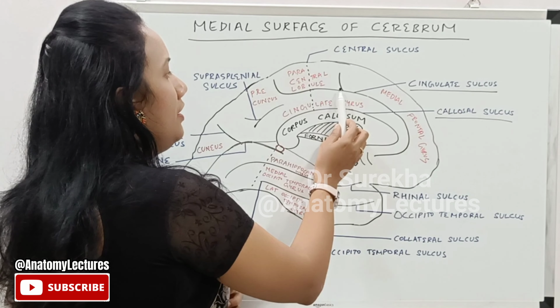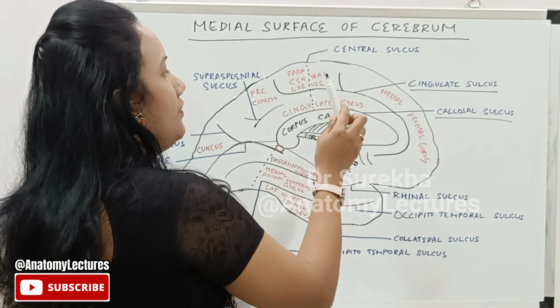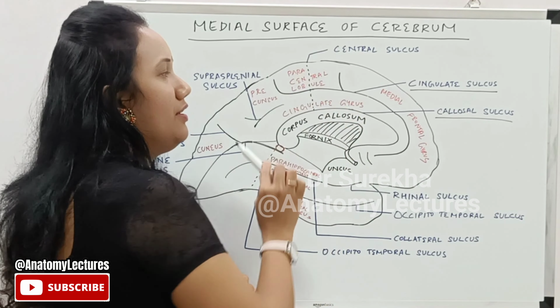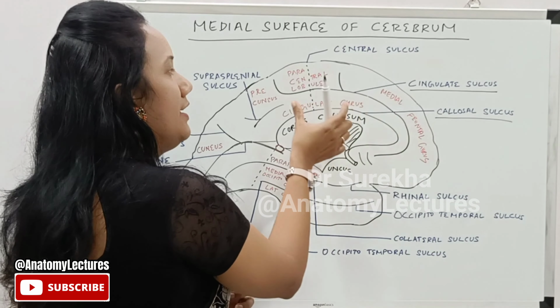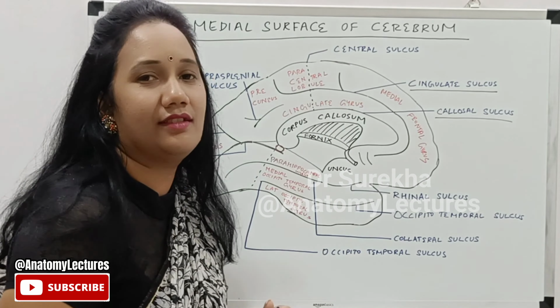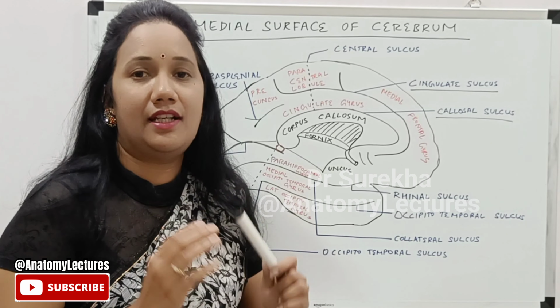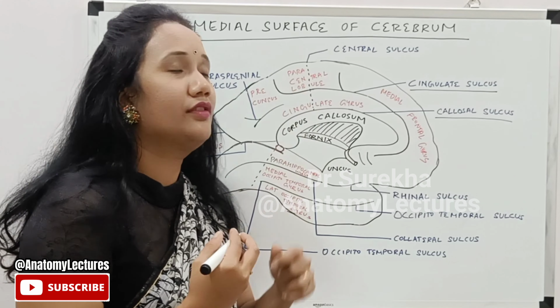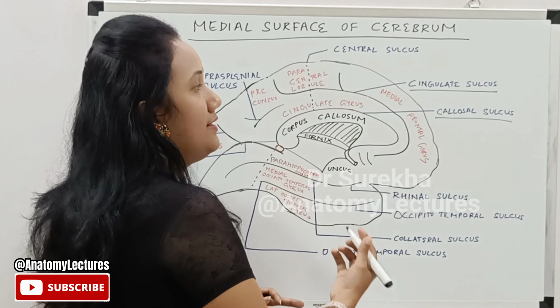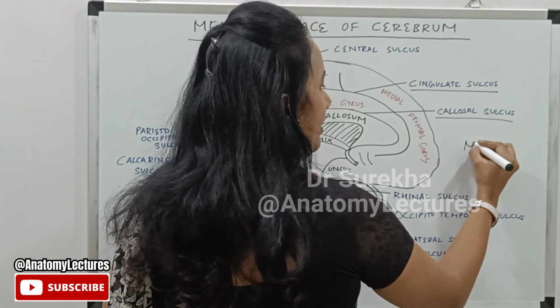Now the part of the medial surface which is present between this offshoot and the posterior upturned end of the cingulate sulcus, around the central sulcus, is called the paracentral lobule. This paracentral lobule is very important. Why? Because it is the highest center for micturition and defecation.